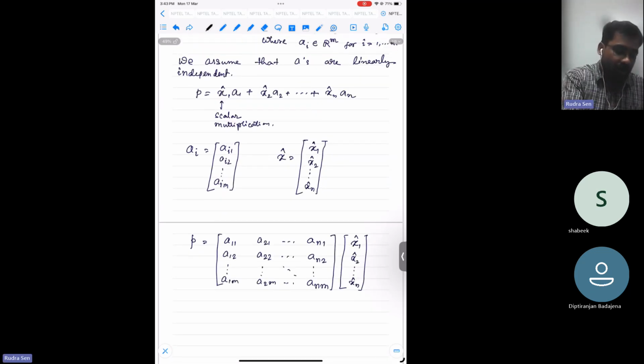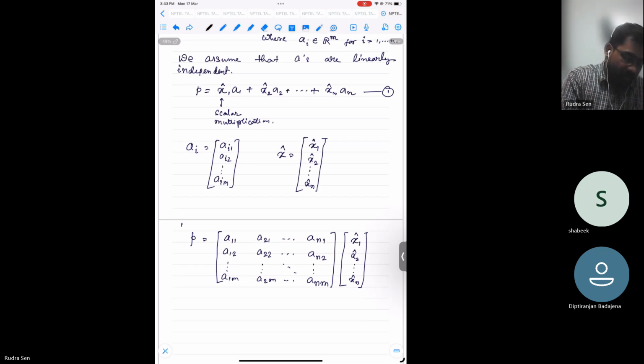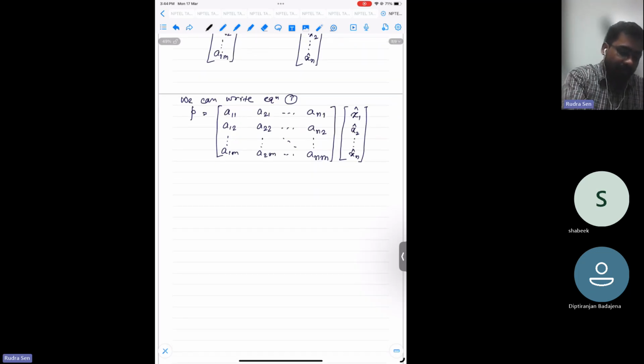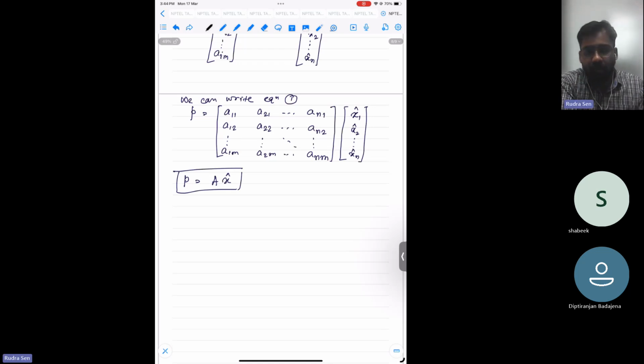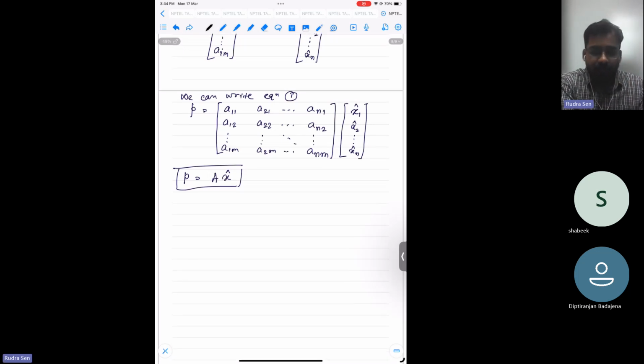We can write this equation in the following format. Up to this, it is okay for everyone. So we call this matrix A. We don't know anything about this x. We need to find out what would be that multiplication factor. We have the ai's, so we need to find this one.